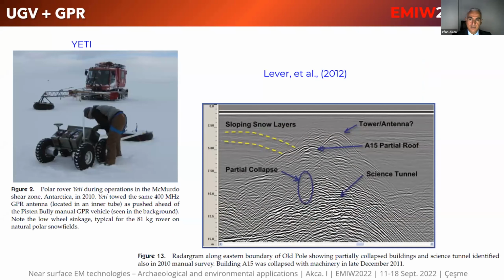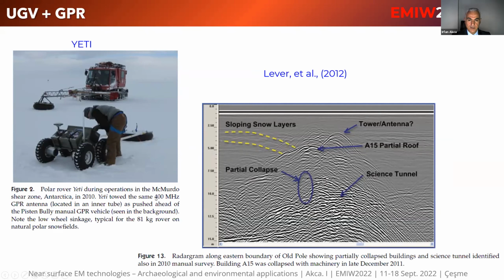Also, we have some examples using such kind of ground-based autonomous or man-operated vehicles. For example, this example is from a polar application. You see a radargram which is measured with a special motorized vehicle. It's called Yeti.